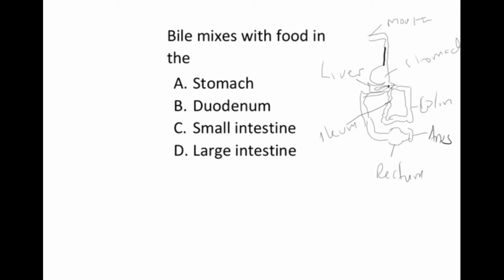and the gallbladder is the one that stores the bile that is produced in the liver. So bile is produced in the liver, and after it is produced, it is stored in the gallbladder.